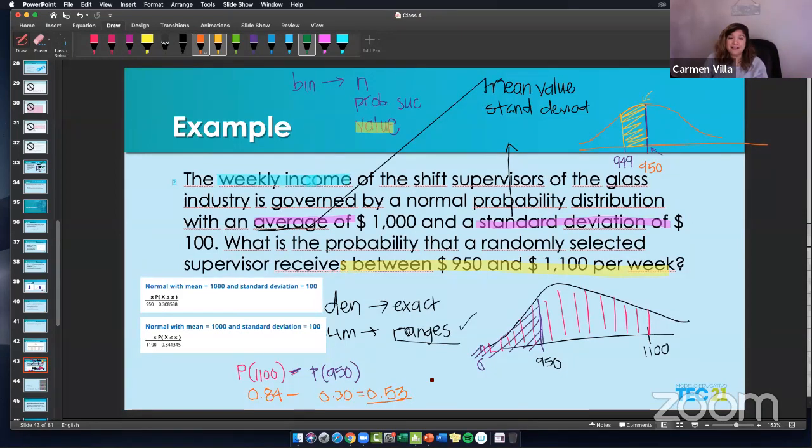So in this case, we can say that the expected weekly income, or the probability that we have a supervisor from the glass industry, is very specific. If we take a person from that as a random sample, we have 52% chances that that supervisor has a weekly income between $950 and $1,100 per week.